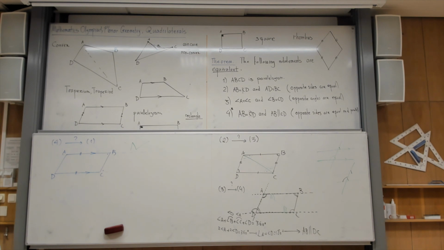And C and D also have corresponding angles. Now we can draw a diagonal. What can you see now?